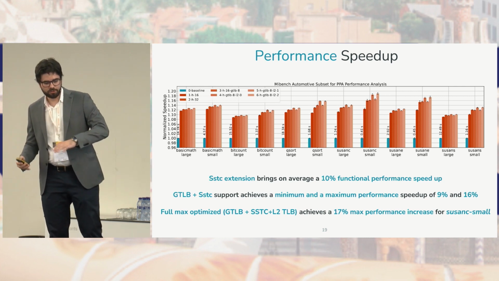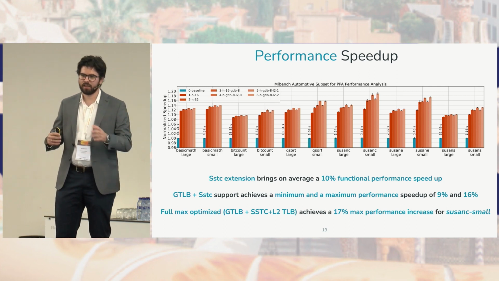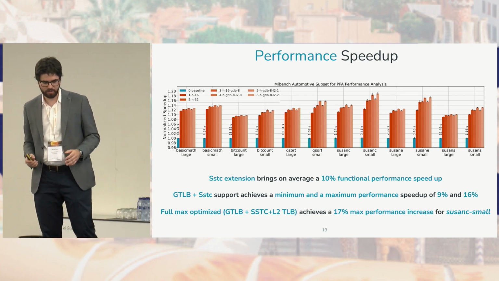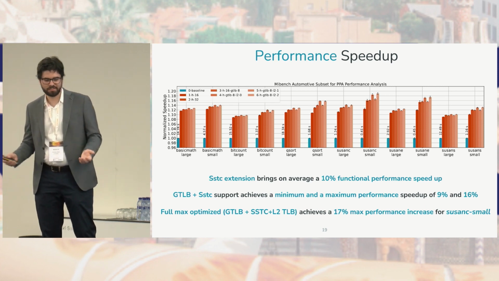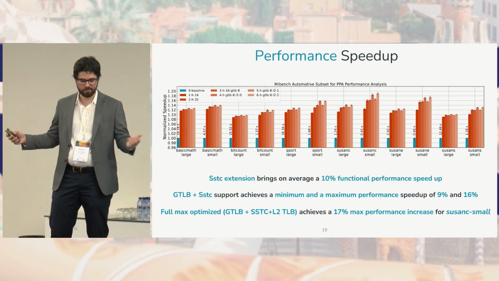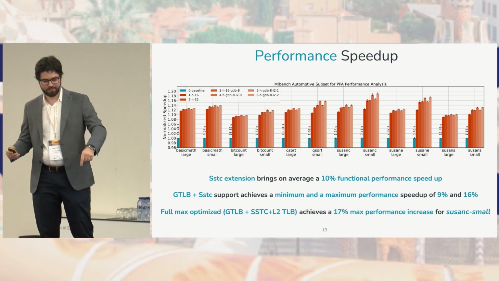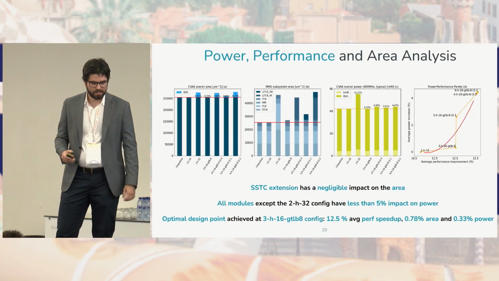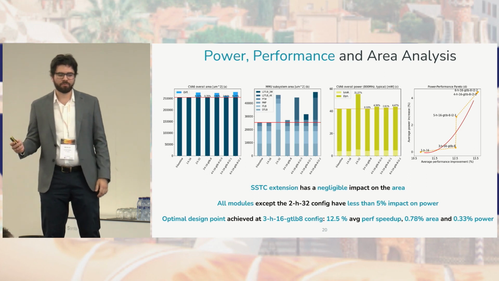We found out that also having a design with just GTLB and timer support, you can achieve 9 to 16% in performance speedup. And as expected, the fully optimized design achieves a maximum of 17% performance increase.